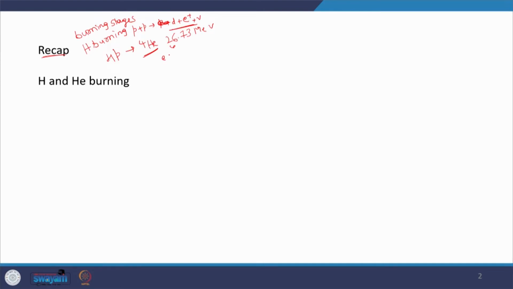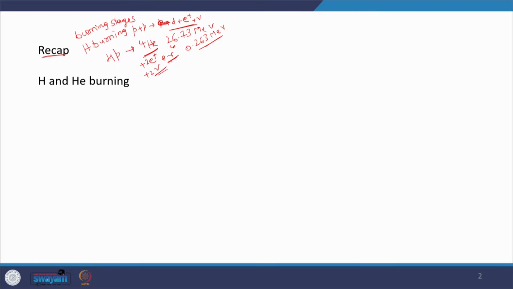So, continuing the calculation for neutrinos, because the average energy of the neutrino is 0.263 MeV for 2 neutrinos, because in addition to helium-4 you have 2 positrons and 2 neutrinos.